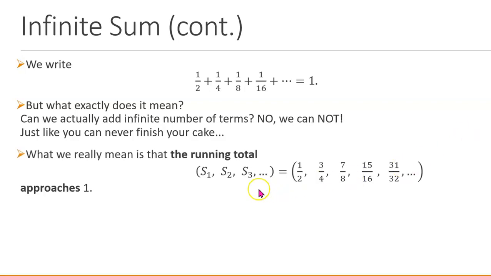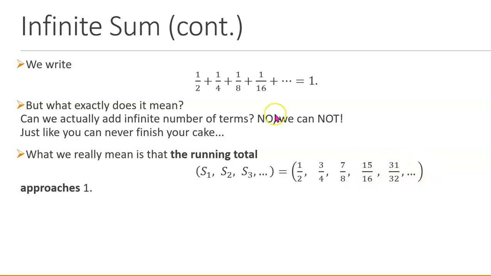What we really mean is that the running total of what you have eaten is approaching 1. The amount of cake finished, if you track it across different dates, is approaching 1.